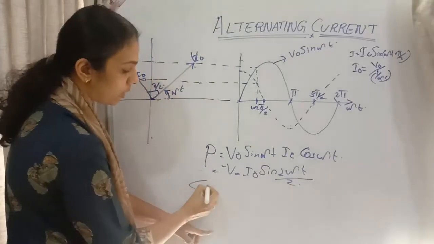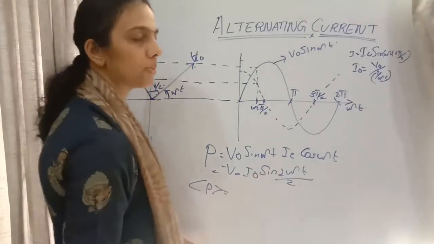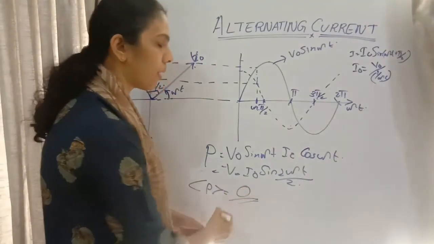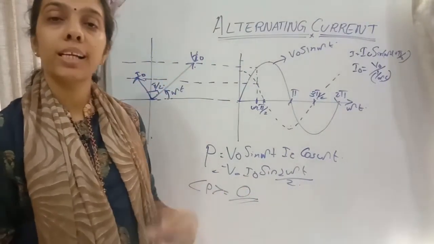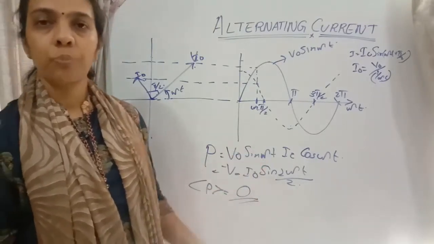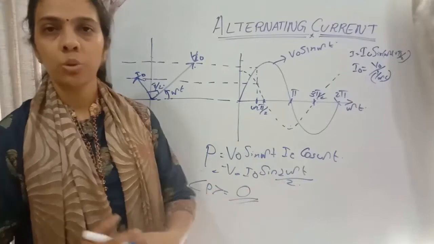Now what is the average value of power? The average of sin 2 omega t is equal to 0. Therefore the average power of the inductive circuit as well as the capacitive circuit is 0.